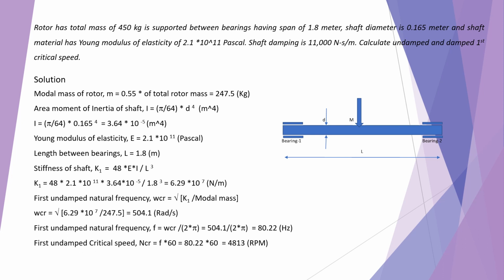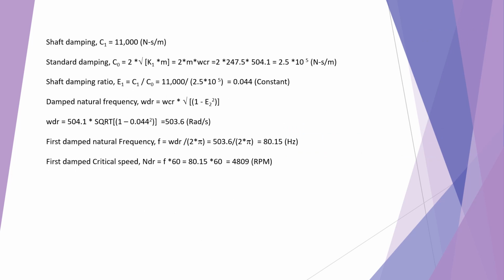4,813 RPM. Now shaft damping C1 is 11,000 Newton second per meter. Standard damping C0 is 2 into the square root of K1 into M, which is nothing but 2 into m into omega CR, 2 into 247.5 into 504.1, which comes to 2.5 into 10 to the 5 Newton second per meter. The shaft damping ratio E1 is equal to C1 upon C0, which comes to 0.044, and the damped natural frequency WDR is equal to WCR into the square root of 1 minus E1 square.